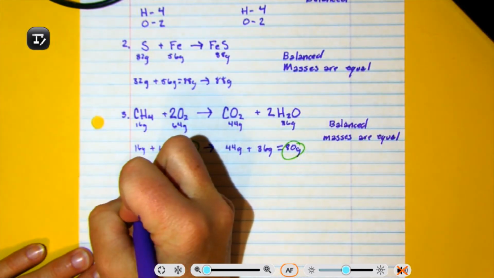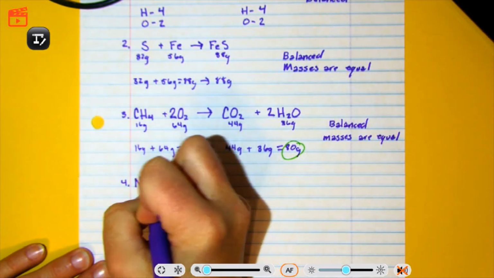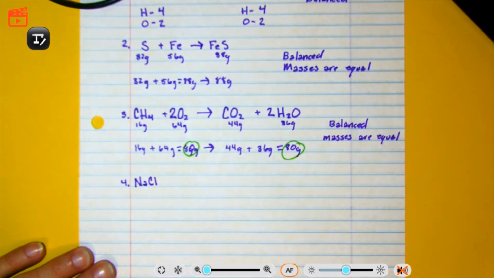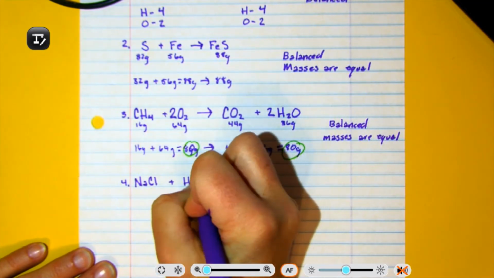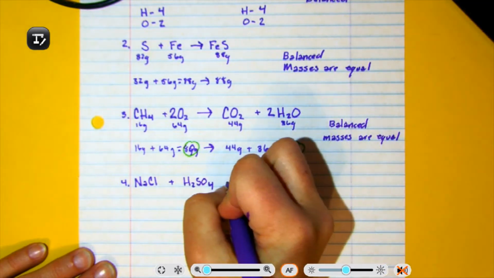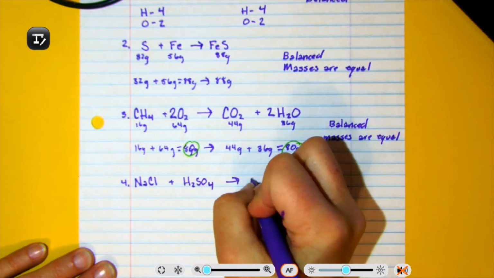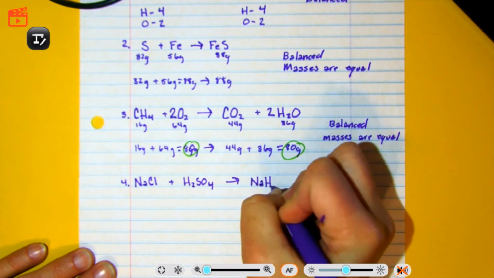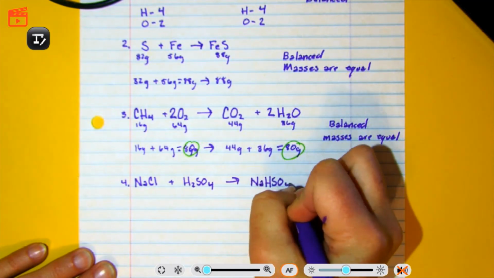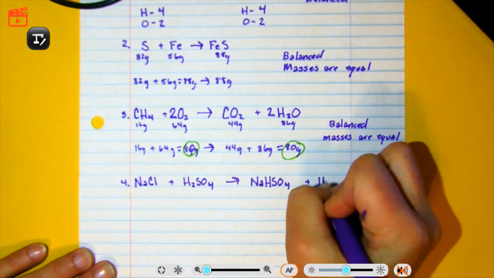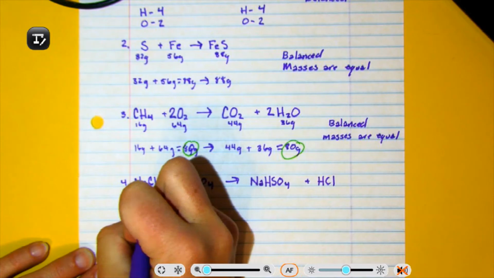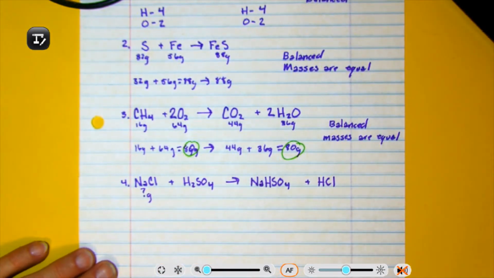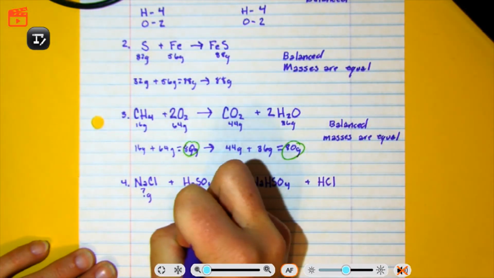All right. So for this one, we have NaCl, salt, plus H2SO4 yields NaHSO4 plus HCl. And on this one, they don't give us the grams of the salt, but they give us the grams of this one at 4.8 grams.